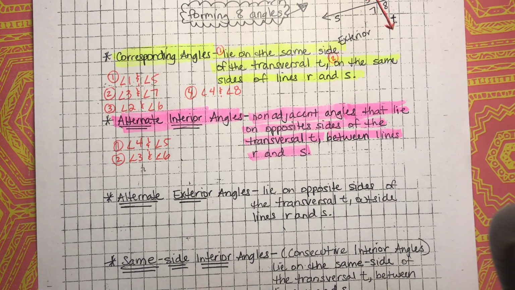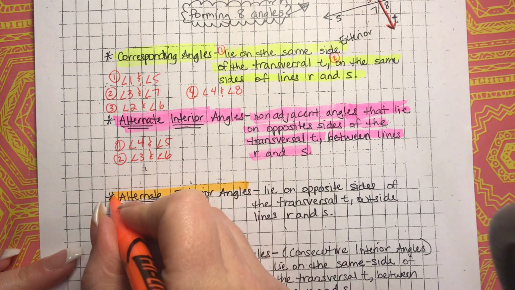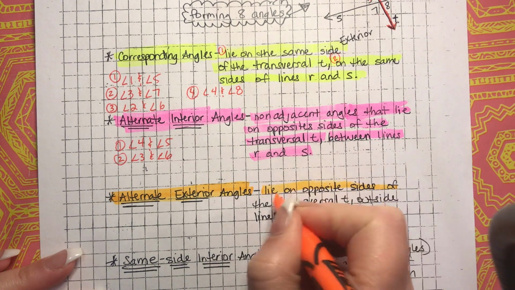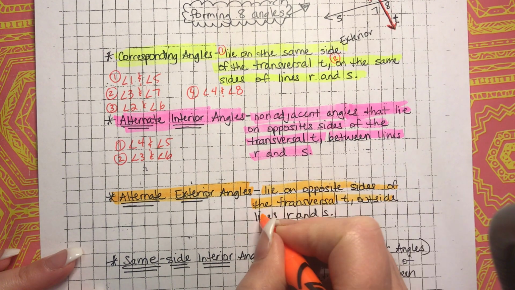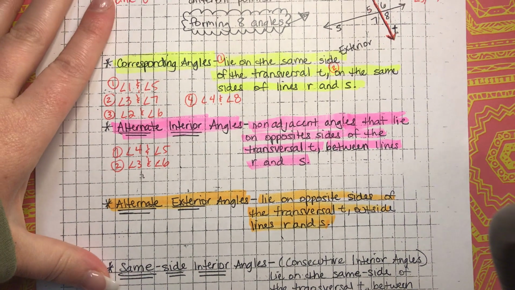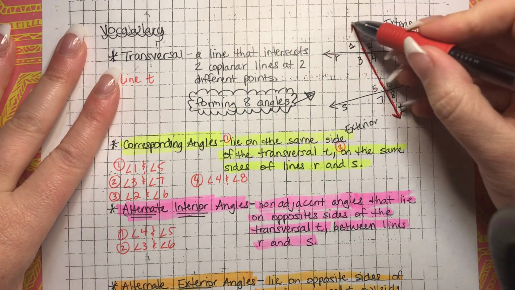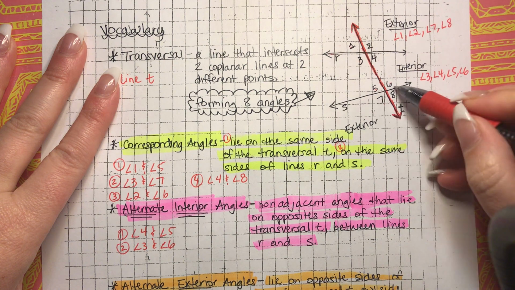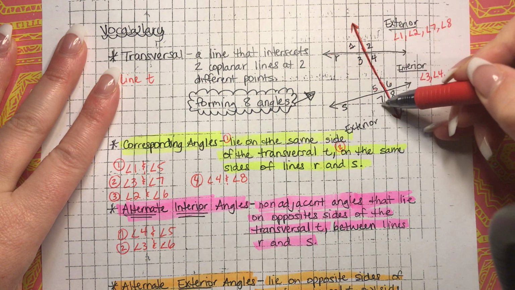The next one would be alternate exterior angles. Alternate exterior angles lie on opposite sides of the transversal T outside the lines of R and S. So here, if you're looking, the exterior angles are 1 and 2, and 7 and 8, and they lie on opposite sides of the transversal.